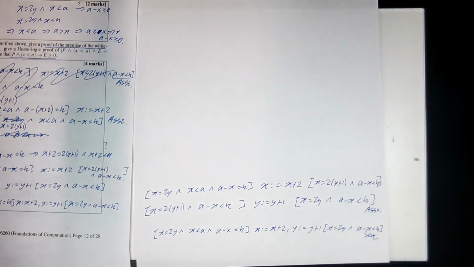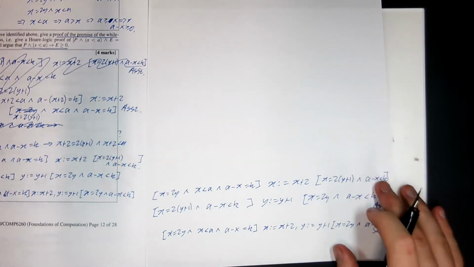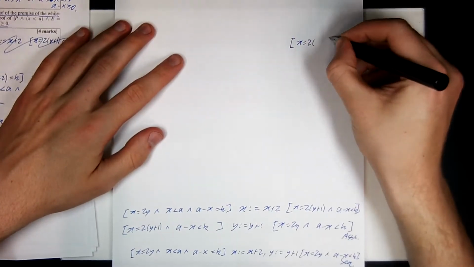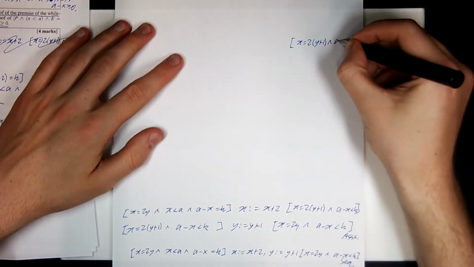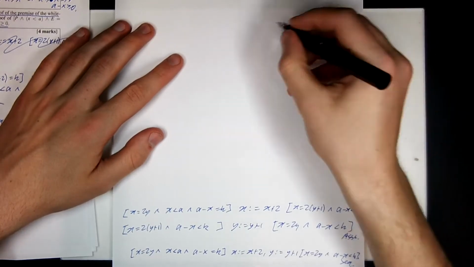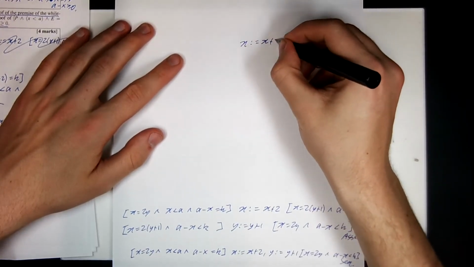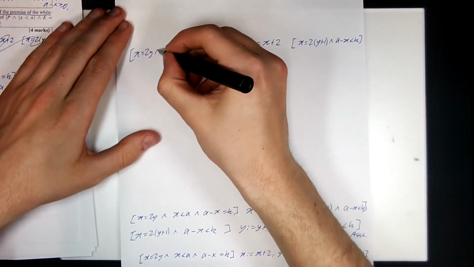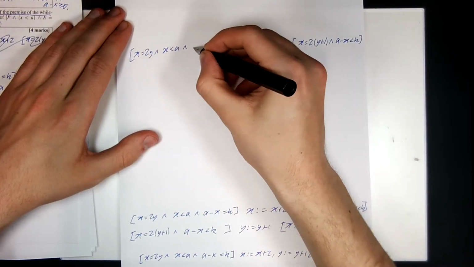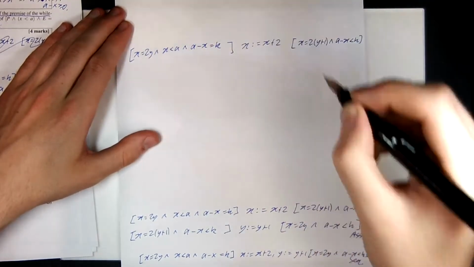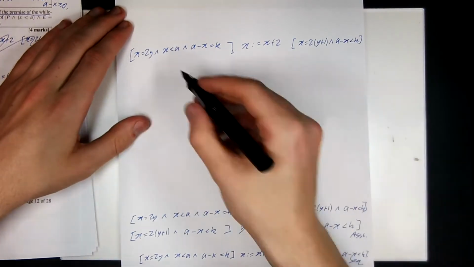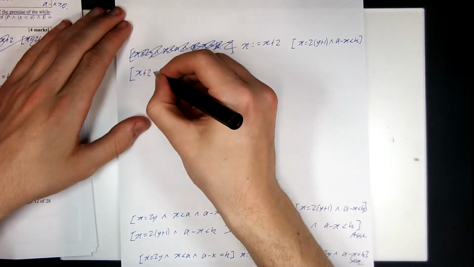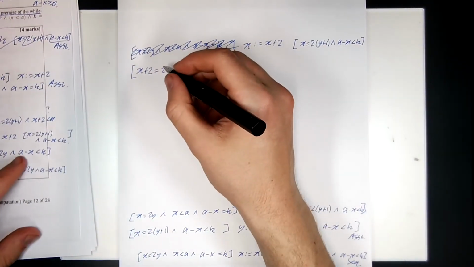So, what can we do? Let's try something backwards again, because it didn't work last time, so I'm sure it'll work this time. Oh, I see what I did wrong.